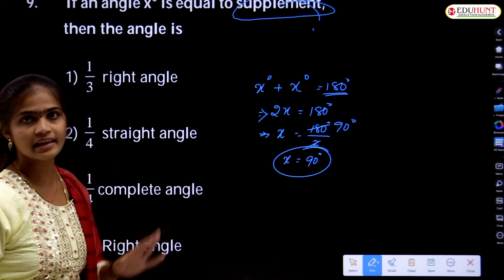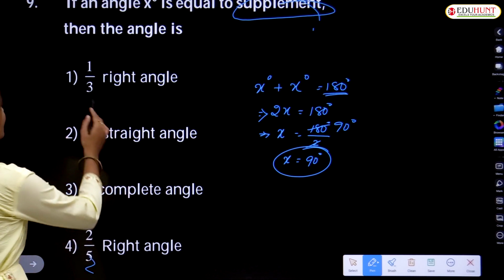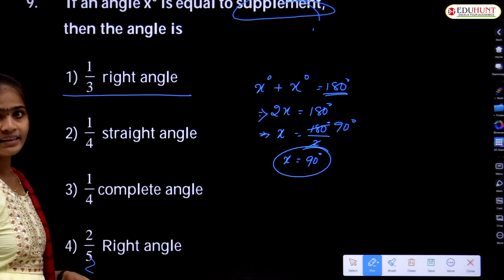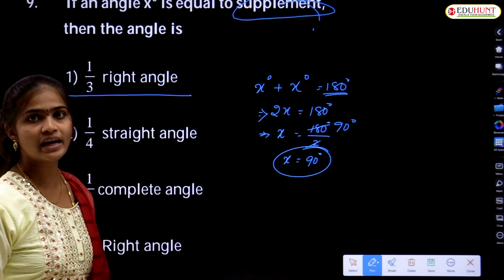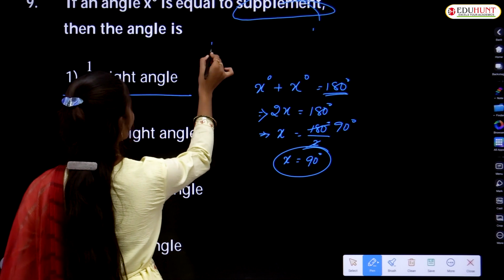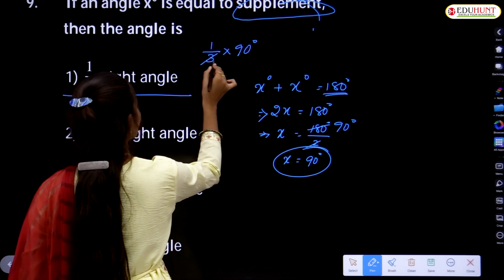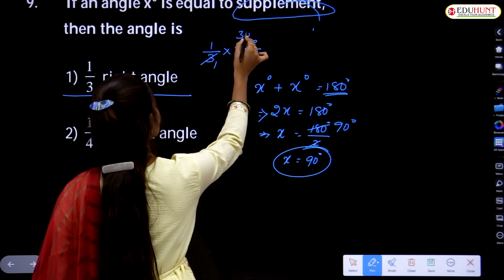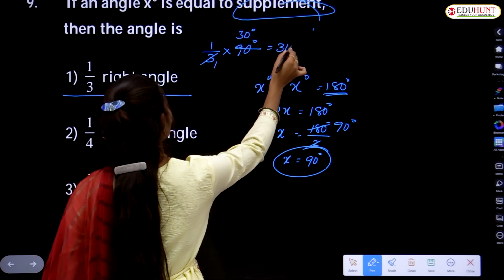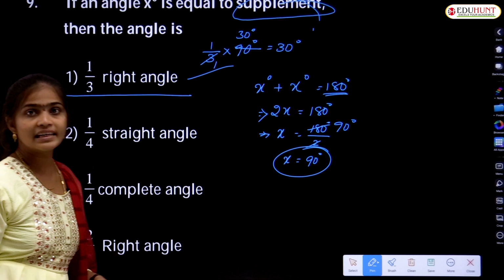Which option is correct? What is the first one? 1/3 of a right angle. 1/3 of a right angle is 1/3 of 90 degrees. Three tens are 30, so the first angle is 30 degrees.